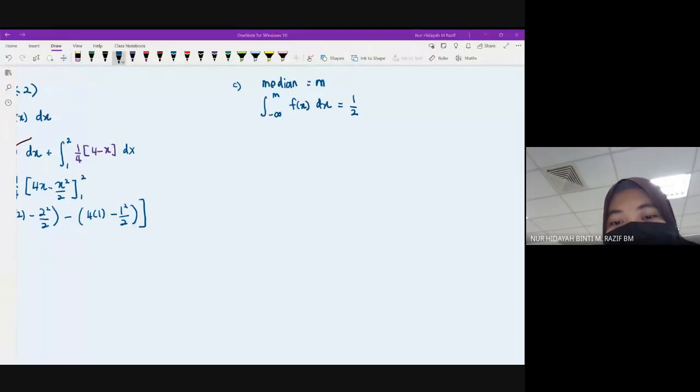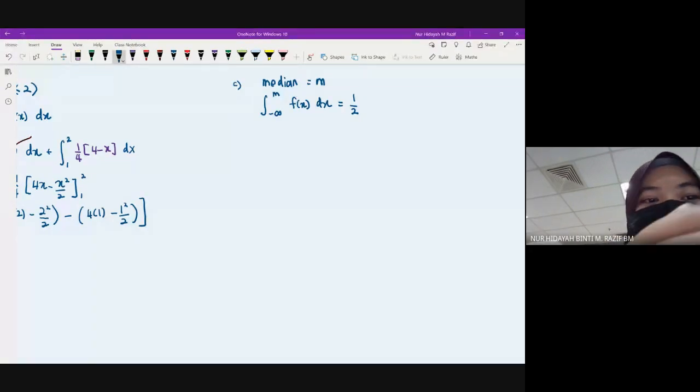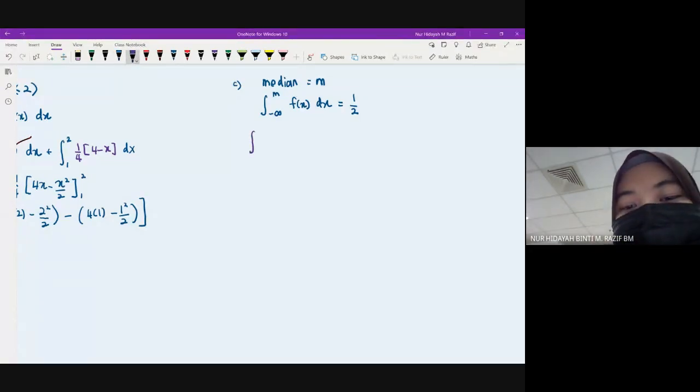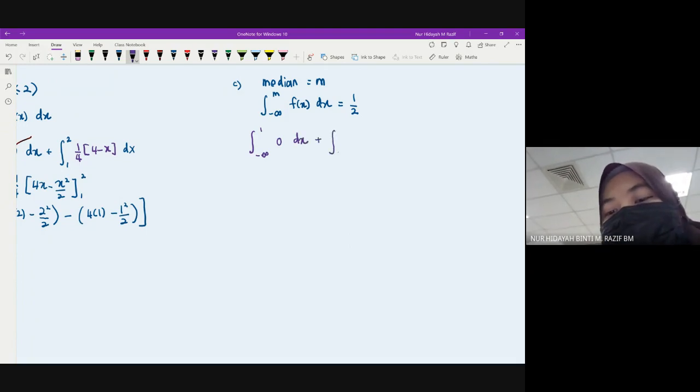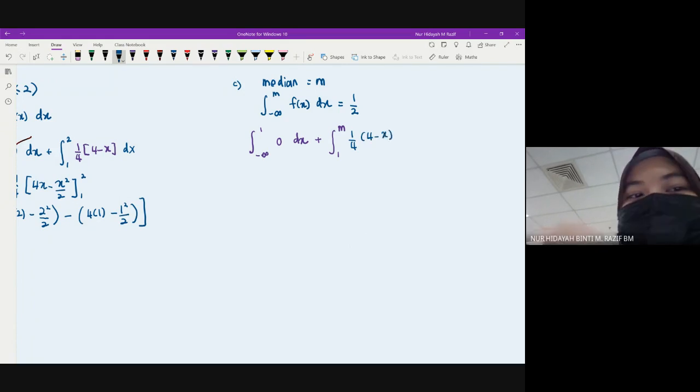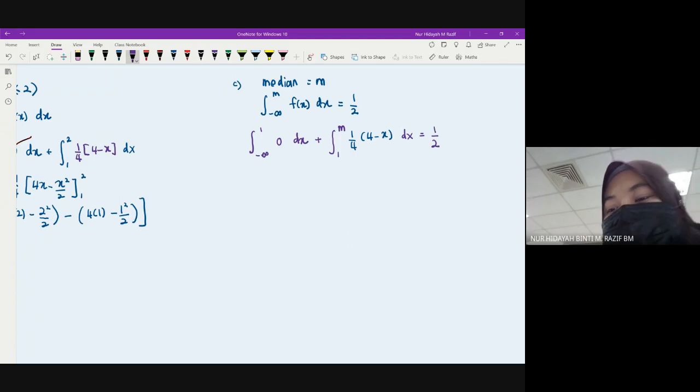Jadi apa yang kita boleh buat di sini adalah kita tahu if I integrate from negative infinity to 1, fungsinya 0 dx ditambahkan dengan the integral from 1 to m of my fx iaitu 1/4 4 tolak x dx, that should be equal to exactly 1/2.